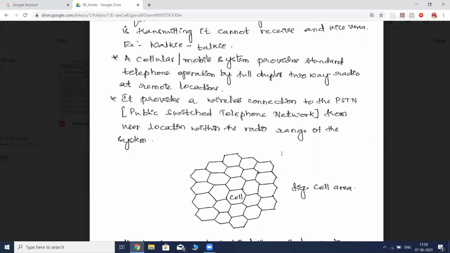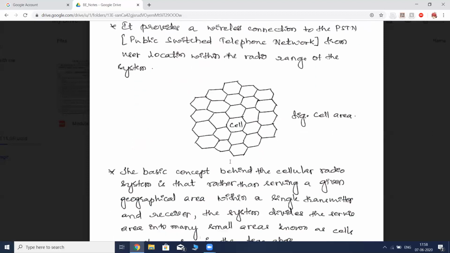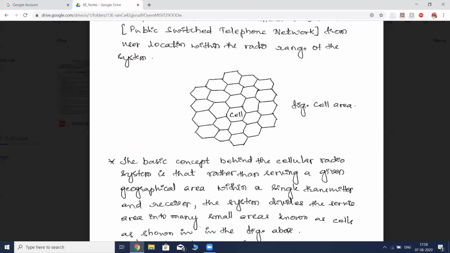Here, instead of using a single transmitter for a very big geographical area, we divide the entire geographical area into small regions. Every small region is called a cell. You can see that a hexagon is used to represent the cell.